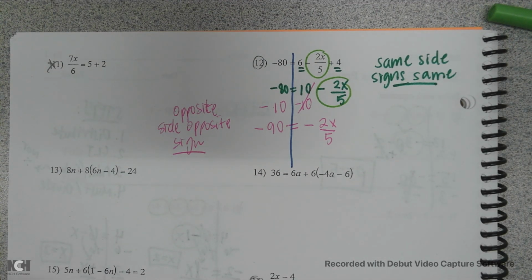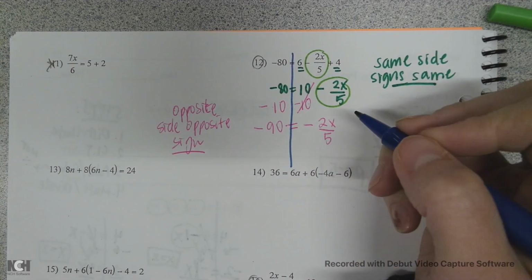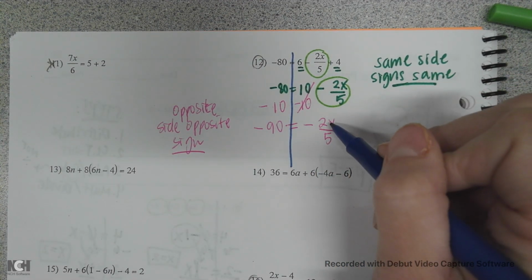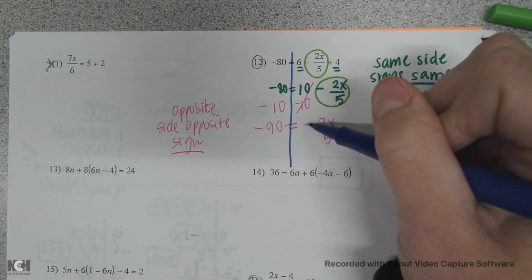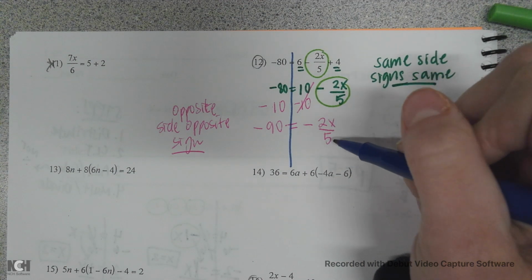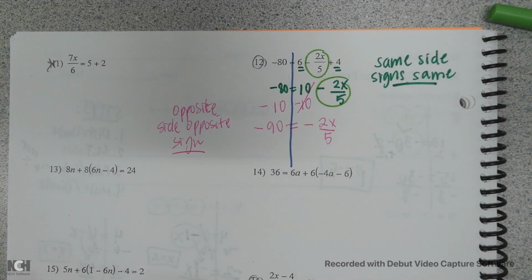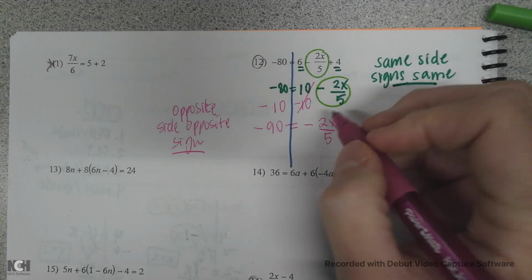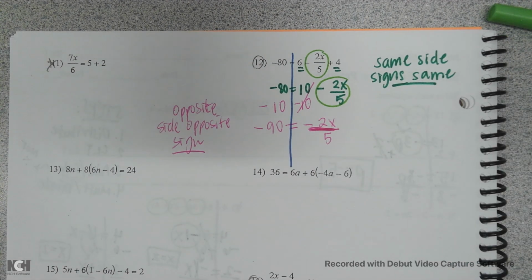Okay? All right. Now we need to get rid of this guy. We've talked about it before. When your variable is in a fraction, you should get rid of the 5 first. This cute little negative, it can go to the top, to the 2, or to the bottom with the 5. Since he's really close to the 2, let's just leave him up there. Why not? It doesn't matter as long as you just put him in one spot.